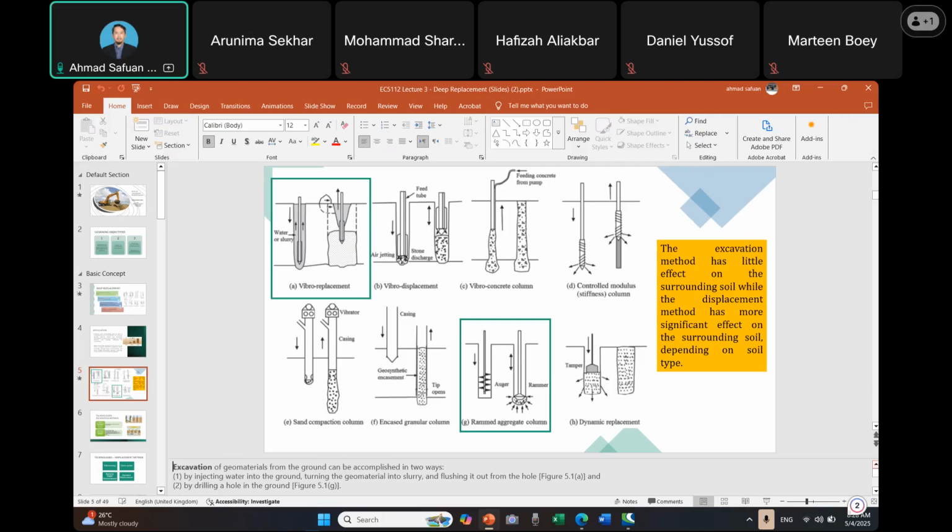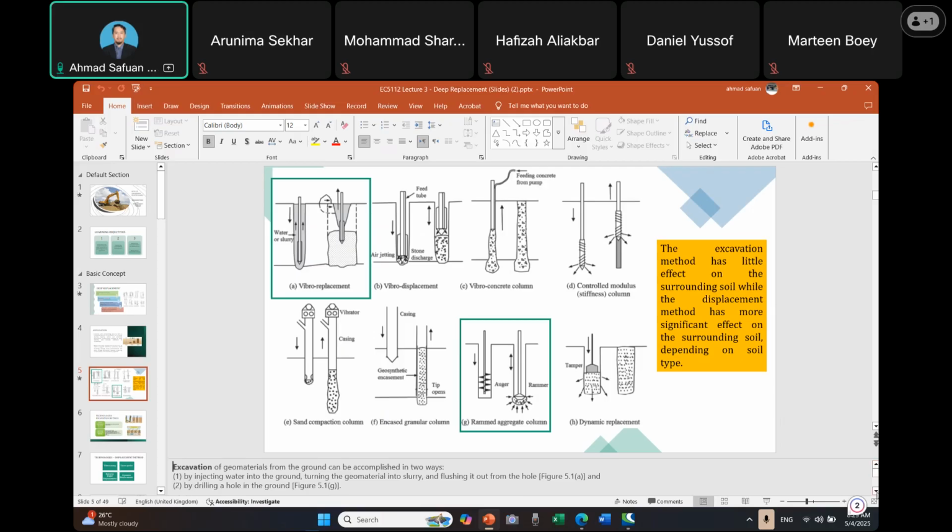Each time they pour the granular material, then they compress it by using the ram.